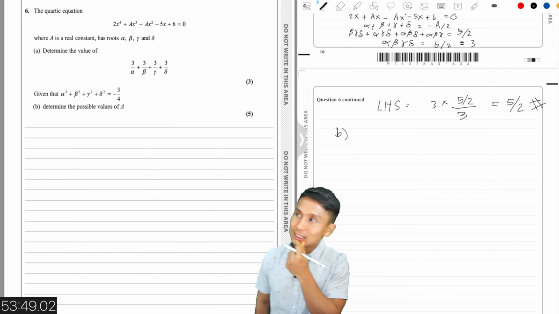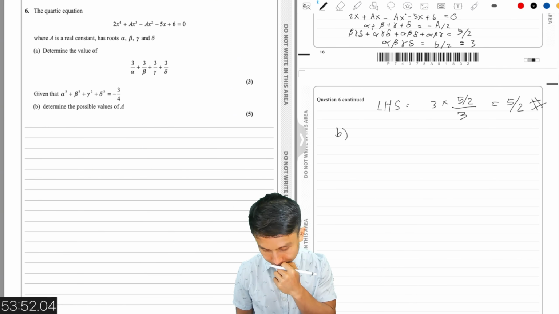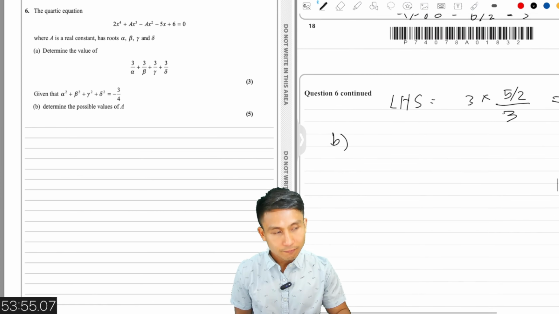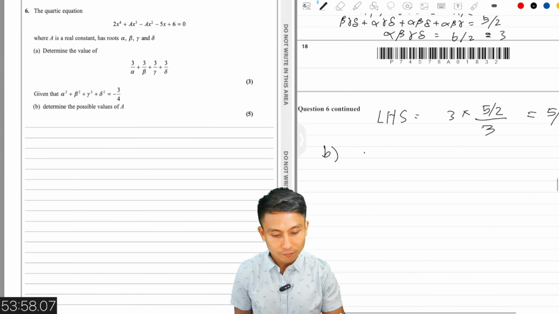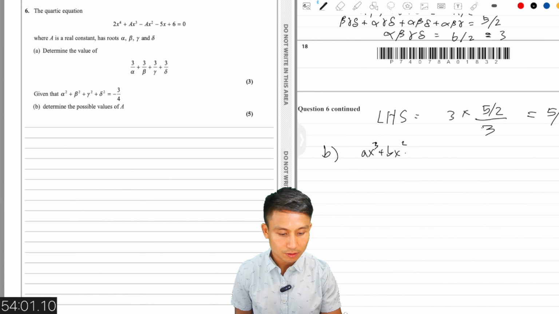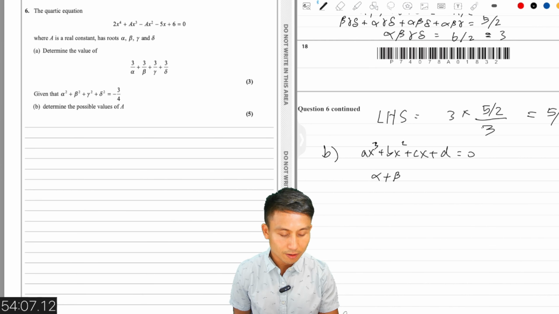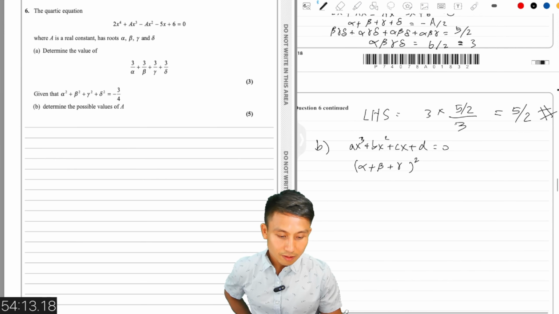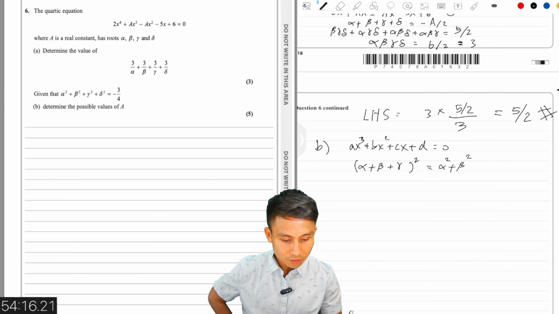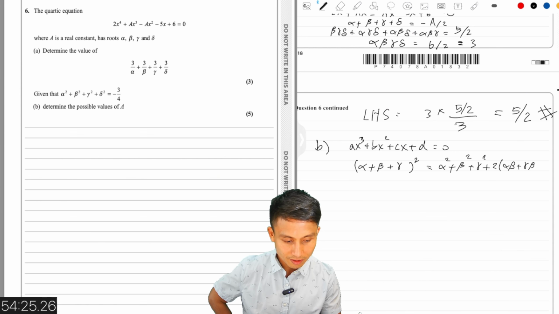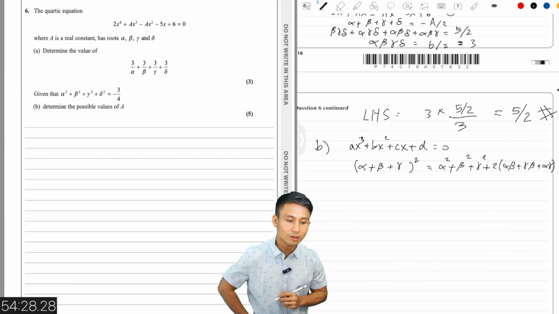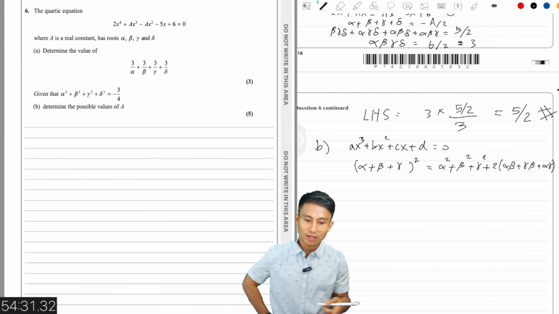Let me think about it. For the cubic equation, yeah? So for the cubic equation, when you have this squared, it would be alpha squared plus beta squared plus gamma squared, and then plus 2 times the sum of the two roots multiplied, like that, which we know the sum of two roots, so that we can find that.